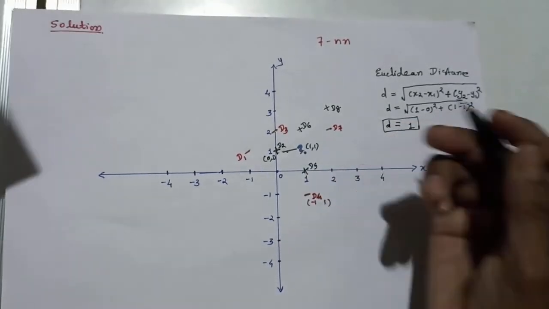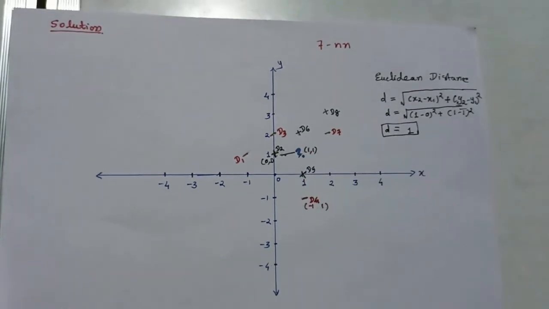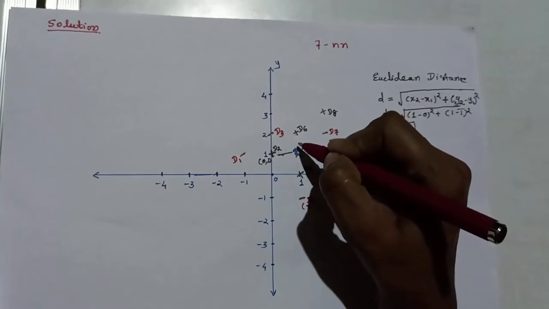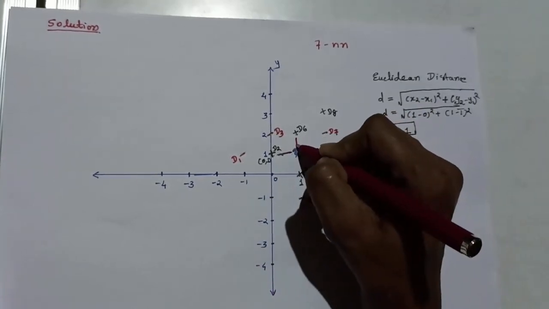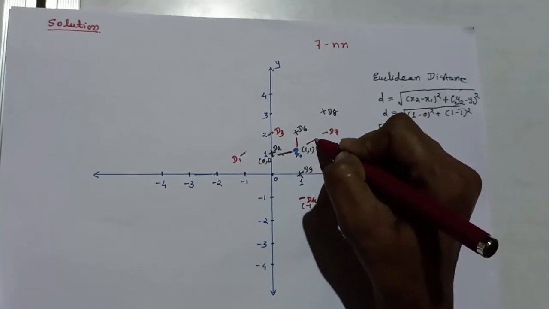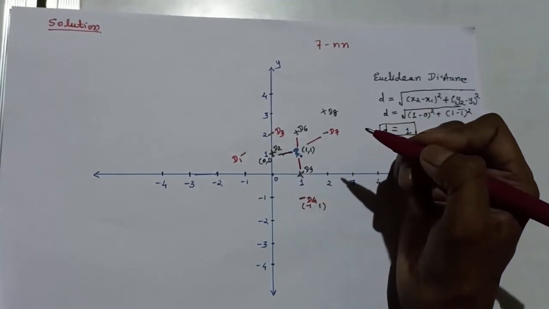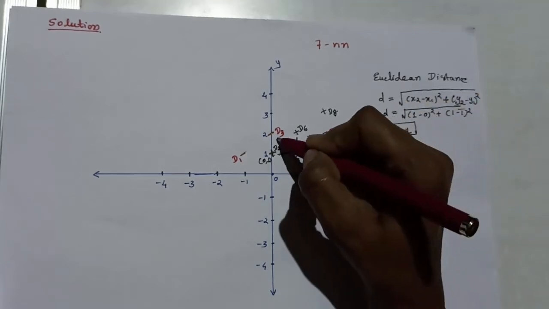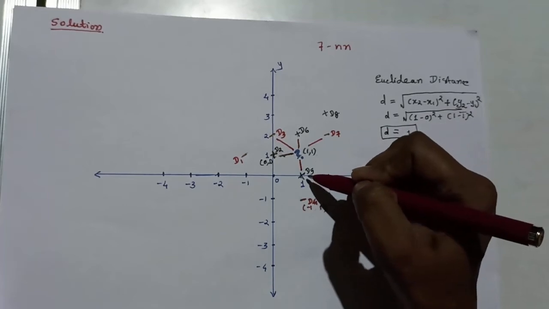Similarly, we can find all the nearest neighbors. We can observe here that for this particular test data point, this will be the nearest neighbor, this will also be the nearest neighbor, this one is nearest, and this is also the nearest. But we have to find 7 data points.